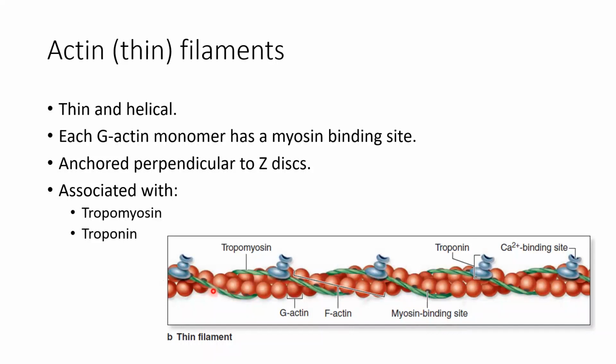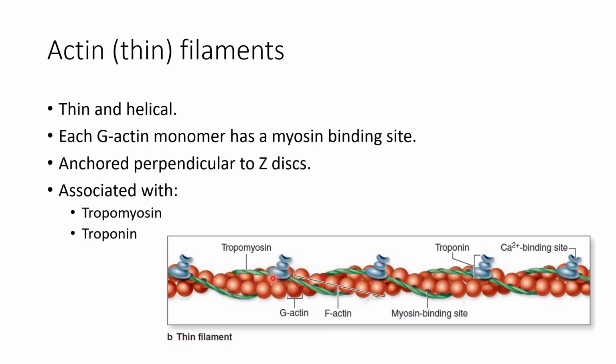The myosin heads are supposed to bind to these areas. Here also you can see. So these areas are covered by this tropomyosin, which is formed as a helix around the actin filament. Then you have the troponin.